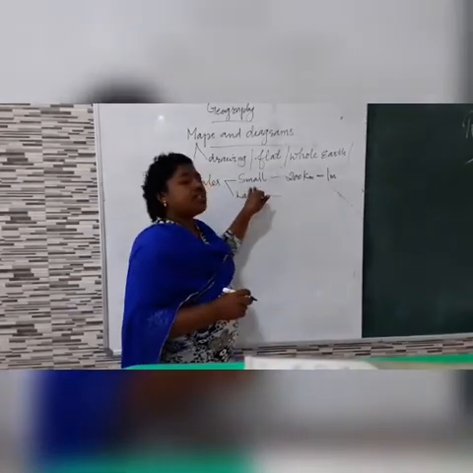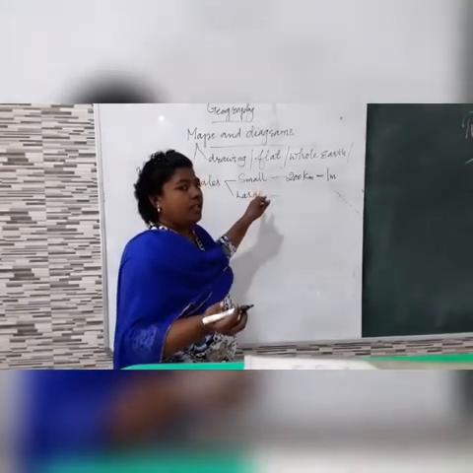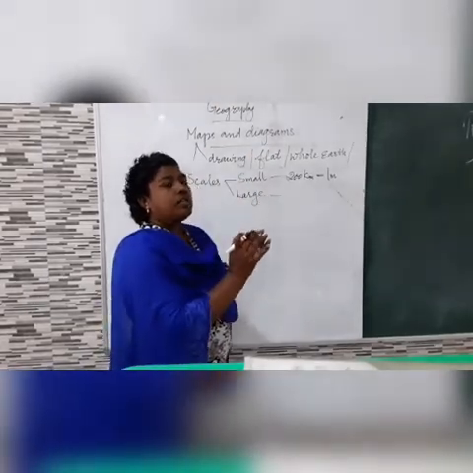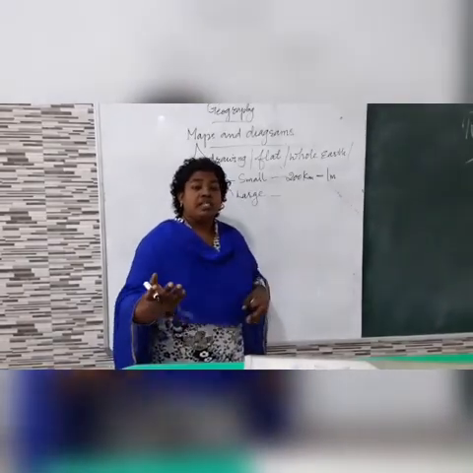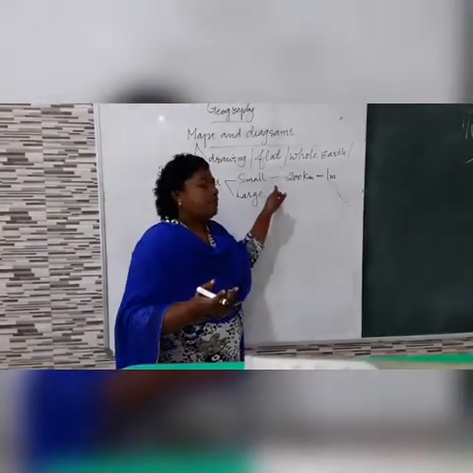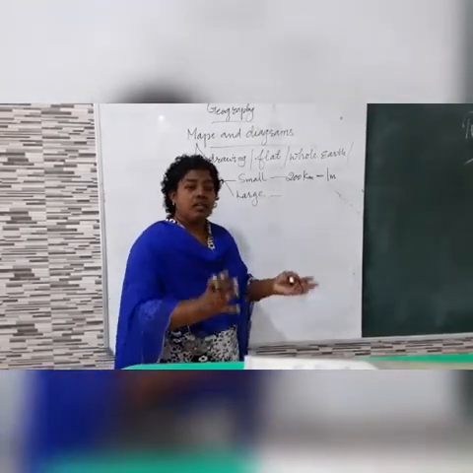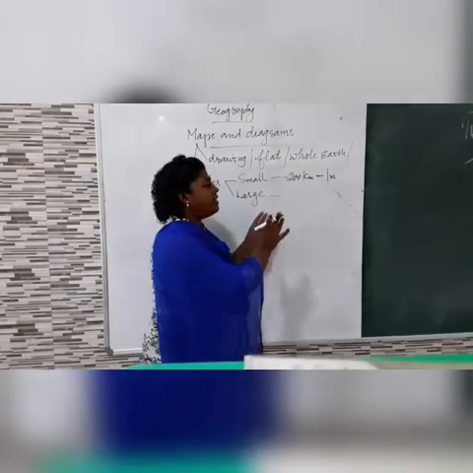Here in the small scale map, we cannot get detailed information. Why? Because a large area is shown on paper with a small scale. Why can we not get much information in the small scale map? Because it shows a large area on the ground, and on paper it will be shown as 1 meter.